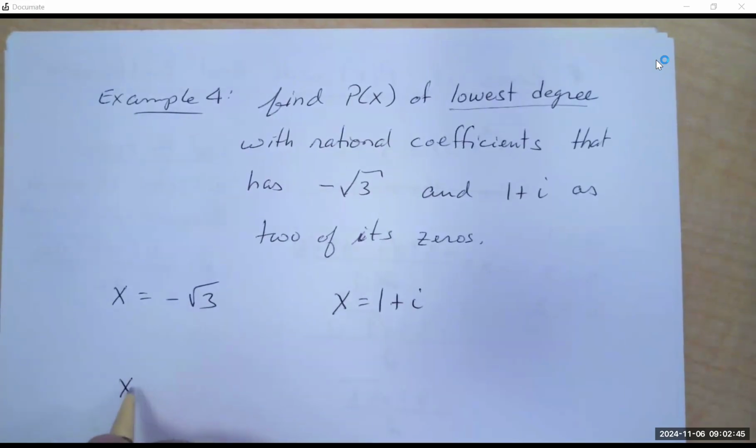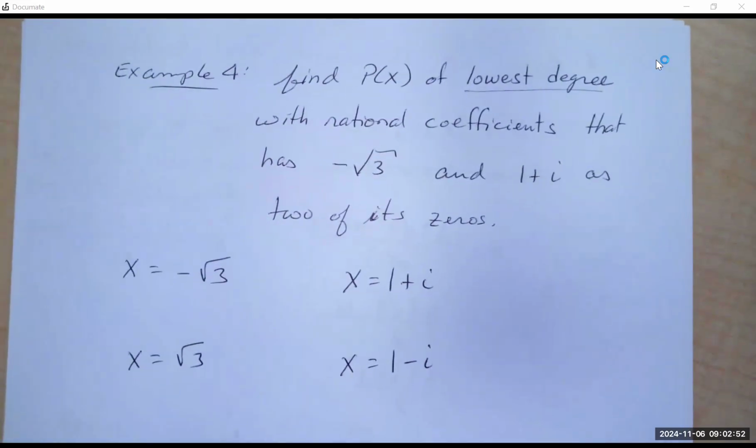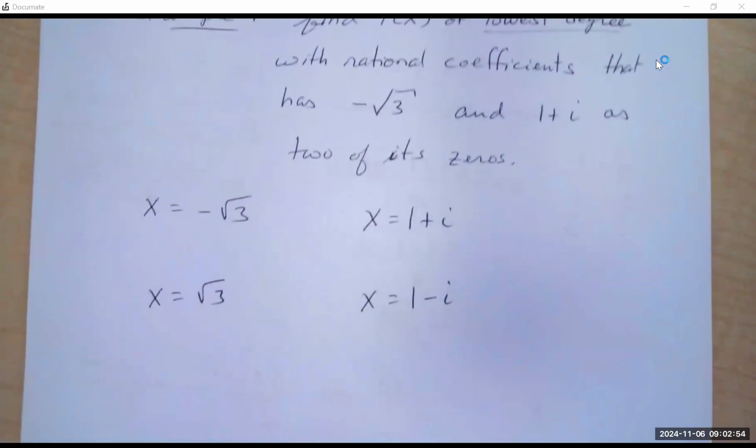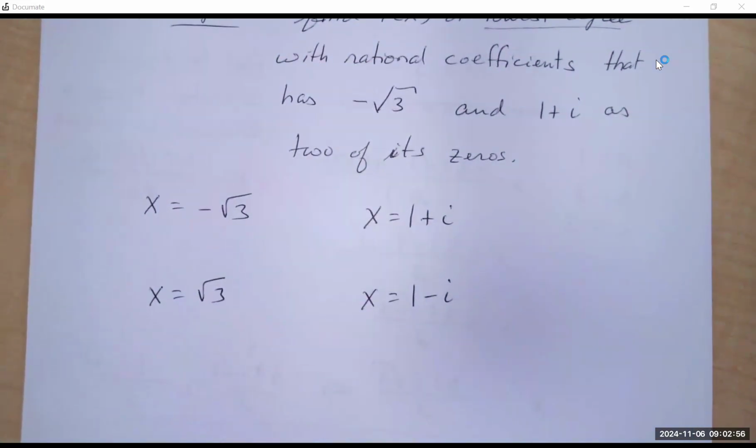So we have to have x equals radical 3 and x equals 1 minus i. So we have to find the conjugate pairs of those, and now we have to multiply them together to get the polynomial. This question wants us to go all the way out because it's asking for the polynomial itself.